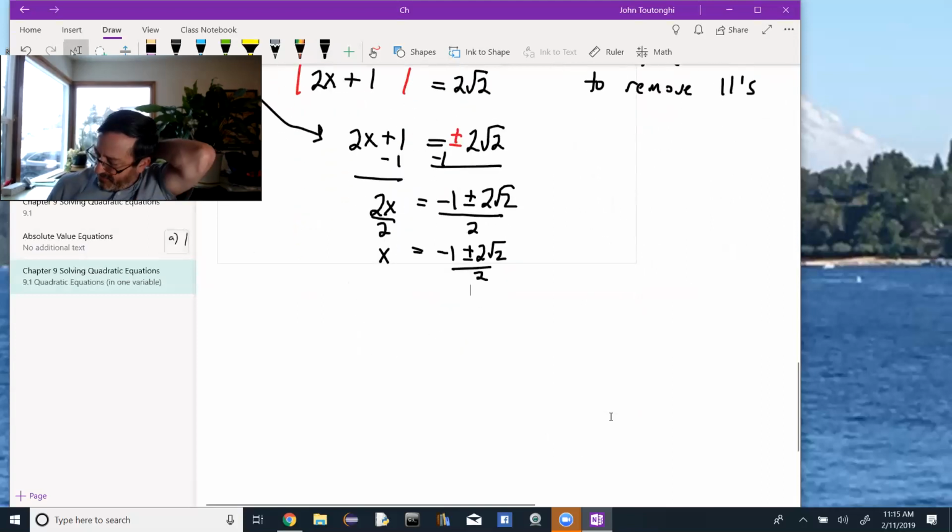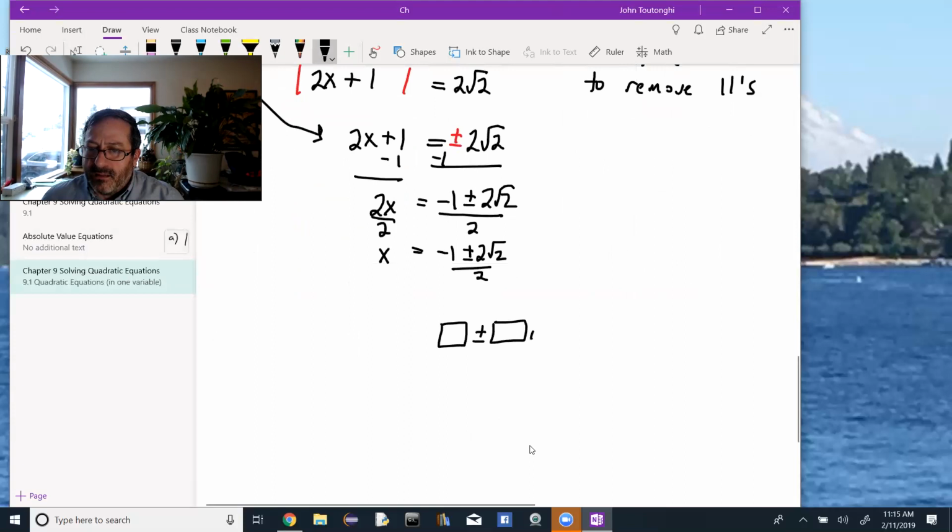On your homework, if it has an imaginary solution, this is how they were going to leave it. The i is going to be filled in for you, as is the plus or minus. So I think imaginary solutions will look something like this on homework. And if this one were imaginary, then the first box would be a negative 1, the second box would be 2 root 2, and the third box would be a 2.